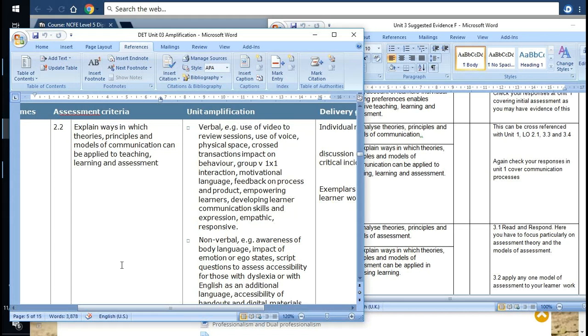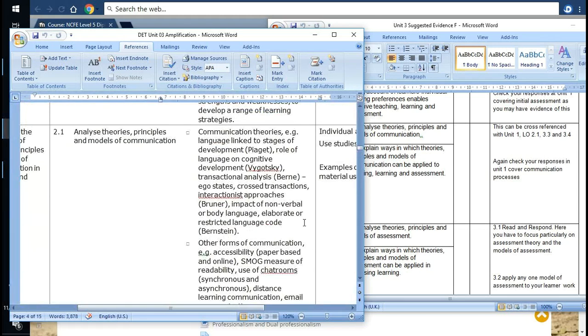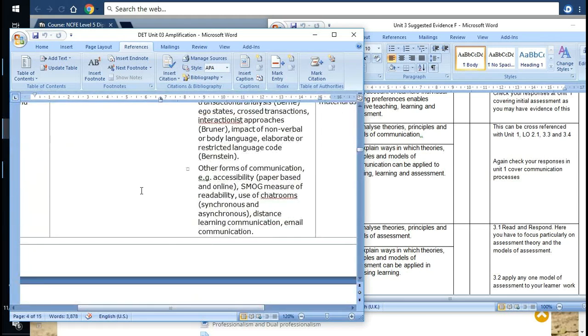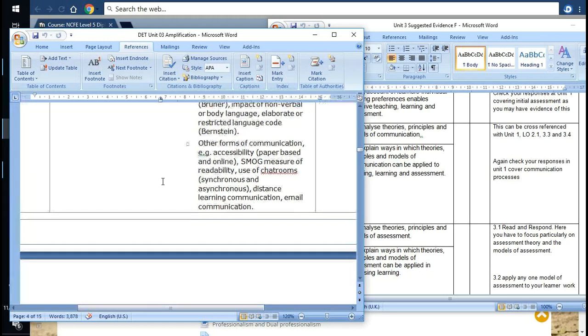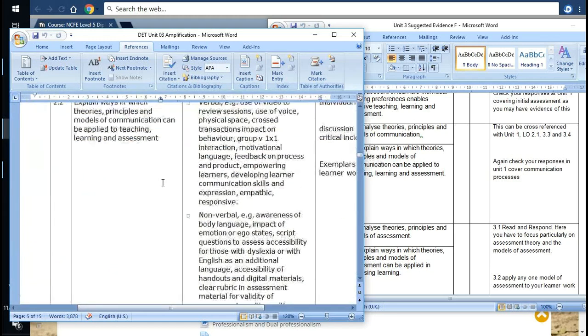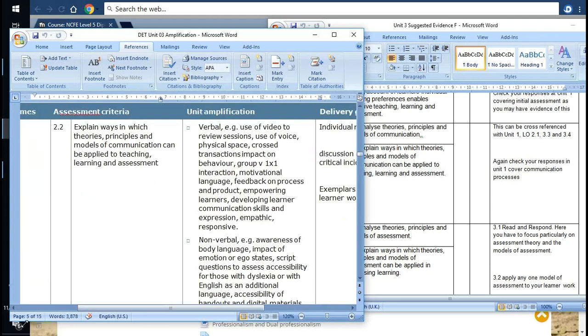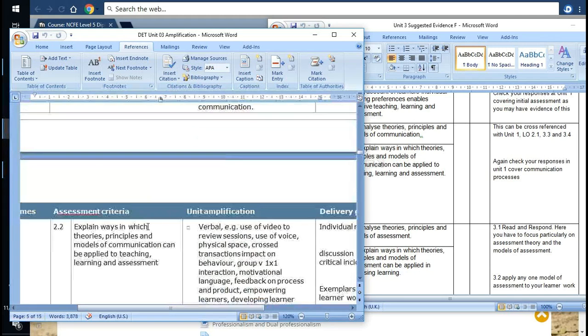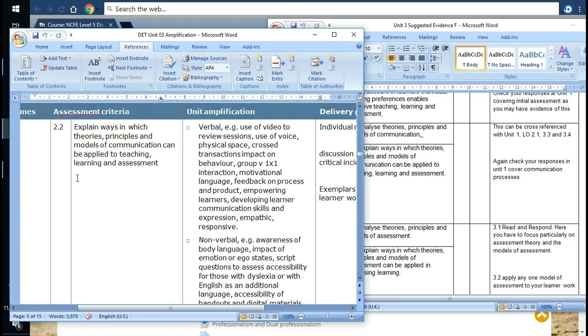The 2.2 is which one applies to me? You pick one of those. When you've looked at some of these, one of those will match pretty much with how you actually operate, things you do, and then you can just explain why that matches what you do, basically. So the first one's an analysis of the stuff. The second one is how you actually apply that in your situation.